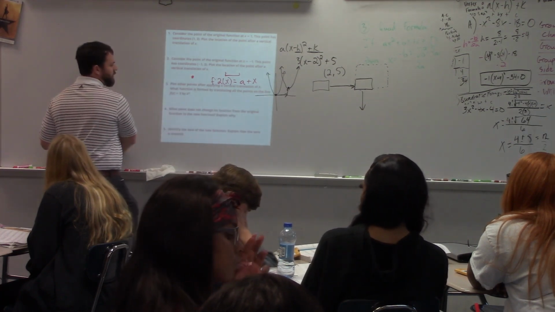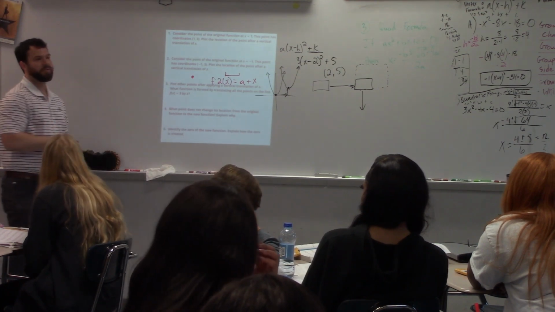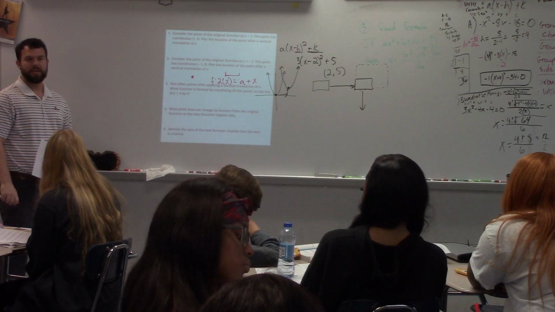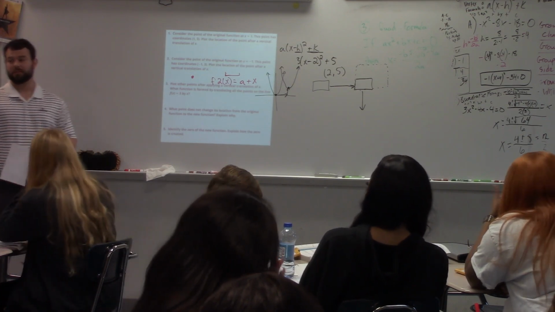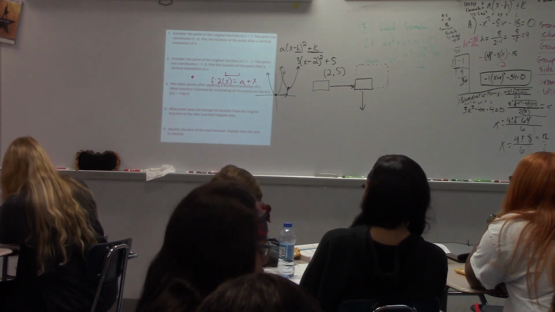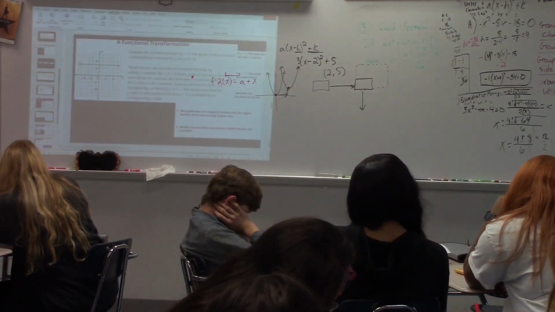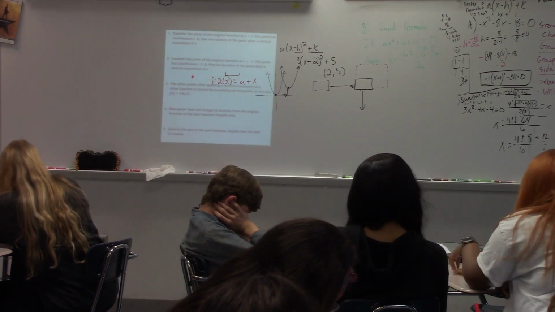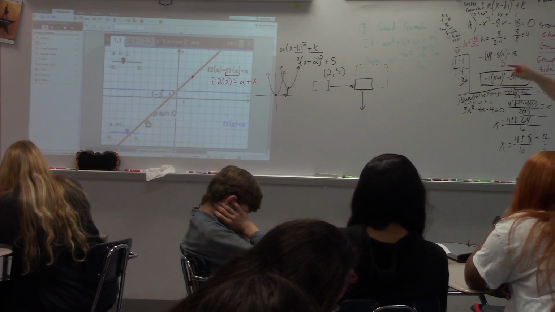Okay, what point does not change its location from the original function to the new function? Which point did it change? So when we looked at the blue line, what point did not change from the blue line to the red line?